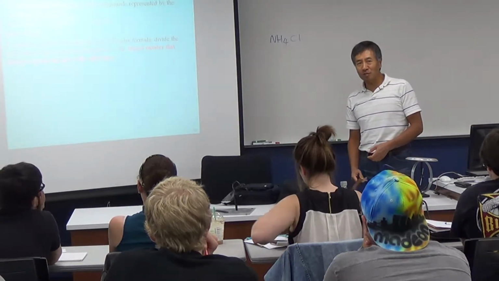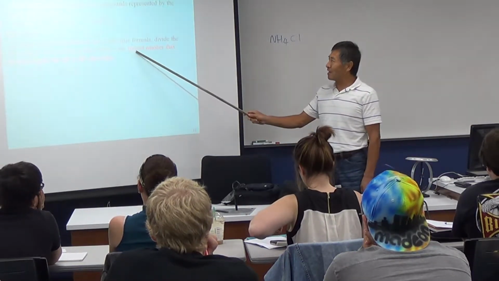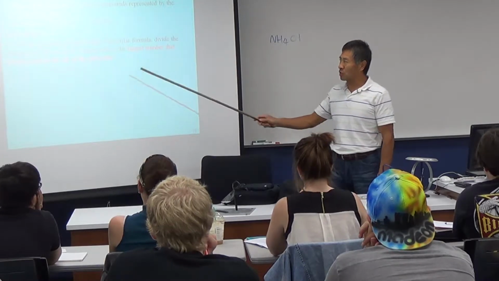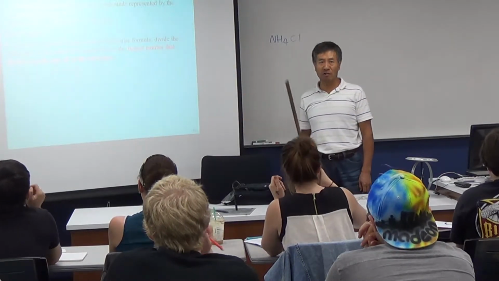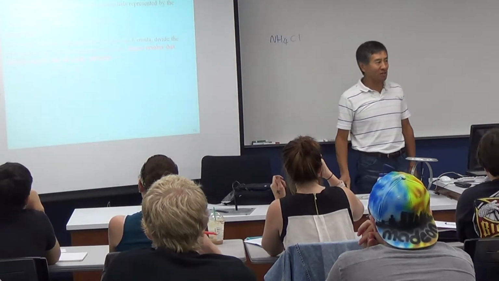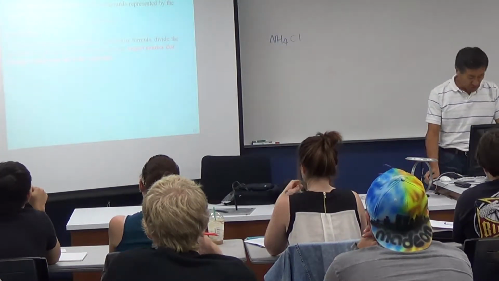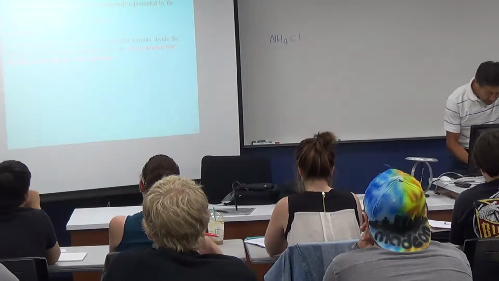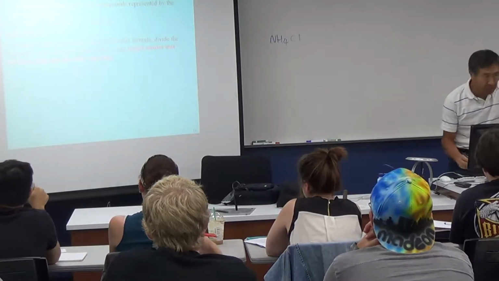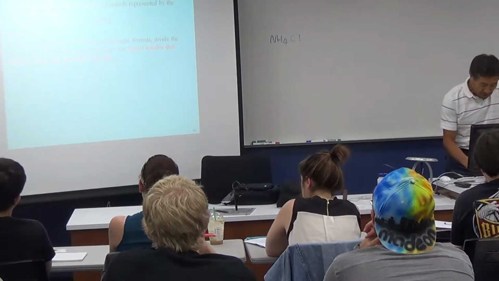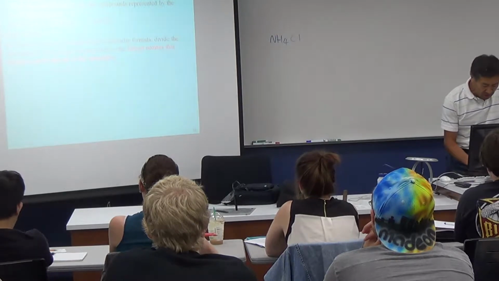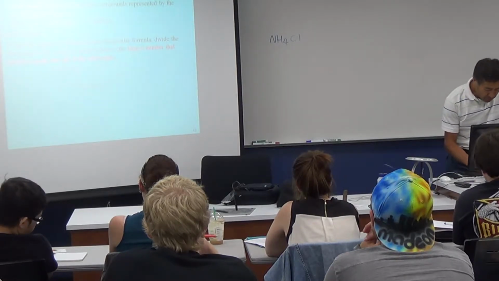What you do is find the largest number that you can use to divide into both of these numbers. What is the largest number that divides into 4 and 8? 4. So you take 4 divided by 4, and you will get C1. That comes from 4 divided by 4.